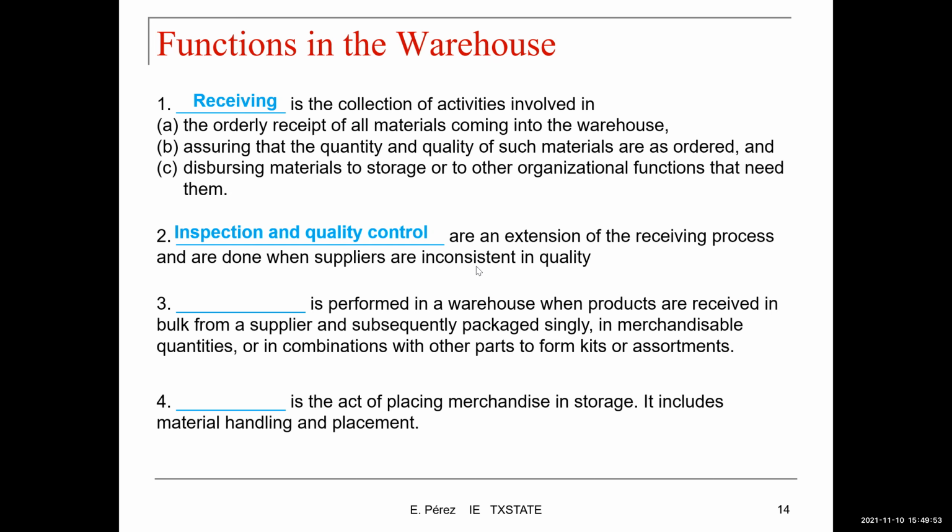So this inspection and quality control process is basically taking care of, especially, those suppliers that are inconsistent in delivering you good products. So quality control, I think if you are an industrial engineer, you have a quality control course. It's impossible for you to inspect every single unit that is arriving to your warehouse, but you have some strategies like sampling, in which you go and get some samples from the shipments.